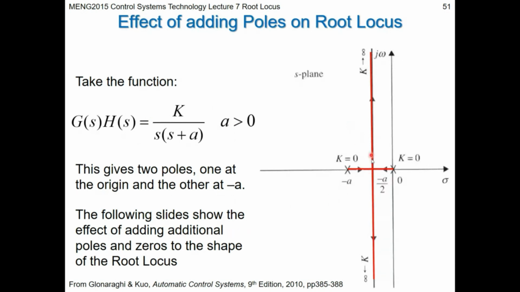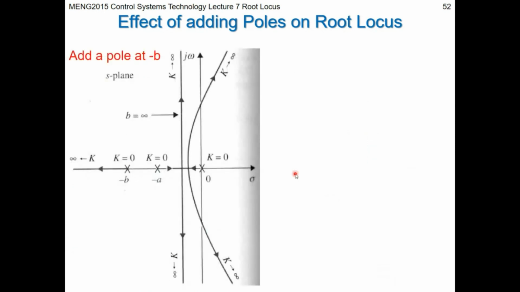Right, next, let's move on to the next slide. We're going to modify this now, we're going to change the shape of it. The first thing I'm going to do, these are my original poles here, 1, 2. Now I'm going to add a pole at minus B right here. The original shape of the locus, of course, is this here. But now I've added B. What have I done?